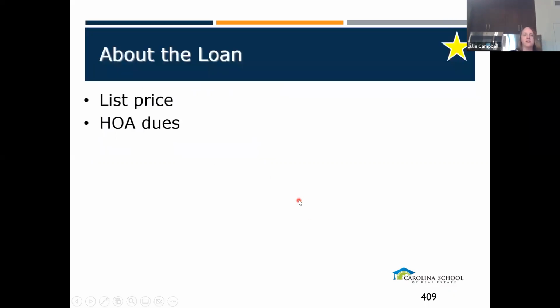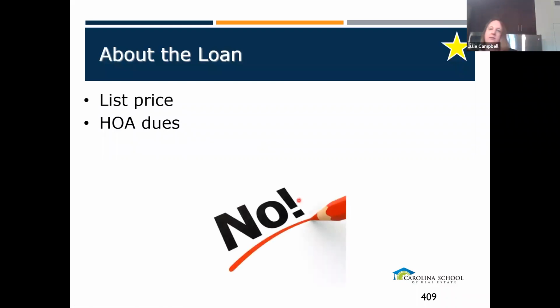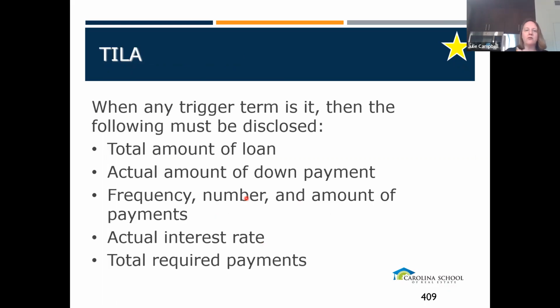So also, as we mentioned, it's a number about the loan, not the list price or HOA dues. And I think that's what we tend to do during the test. We see a number and think, oh no, it's a number, we've hit a trigger. No, please make sure it's something about the loan, one of those specific numbers. When one of those numbers is hit, these are the things that the lender must disclose.